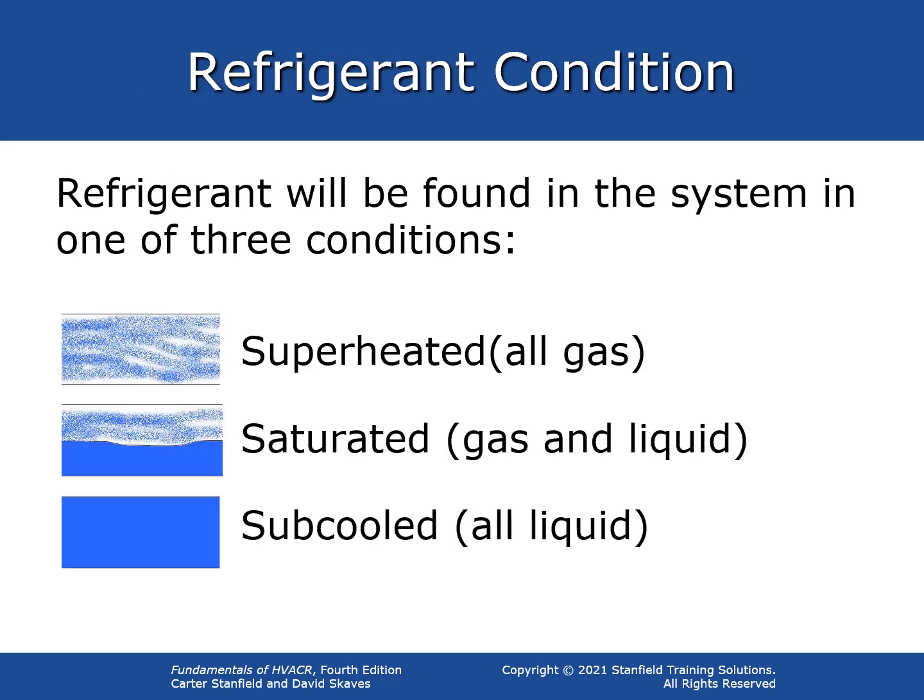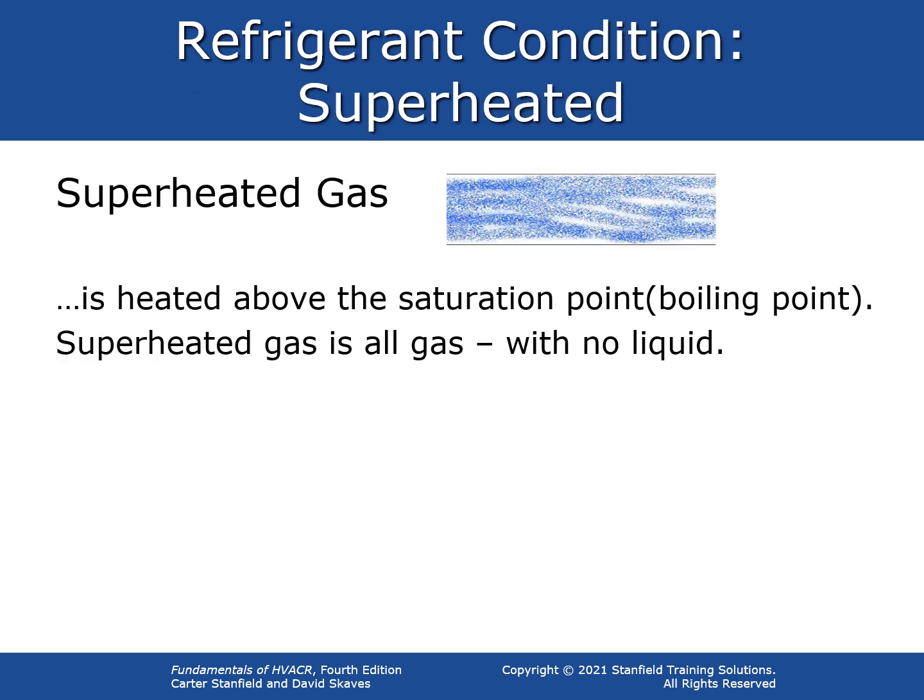Refrigerant will be found in the system in one of three conditions: superheated, that is all gas; saturated, a gas-liquid mixture; and subcooled, which is all liquid. Superheated gas is heated above the saturation point, that is, the boiling point. Superheated gas is all gas with no liquid.